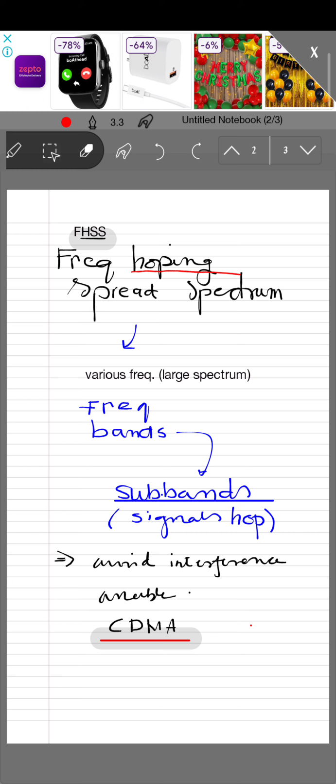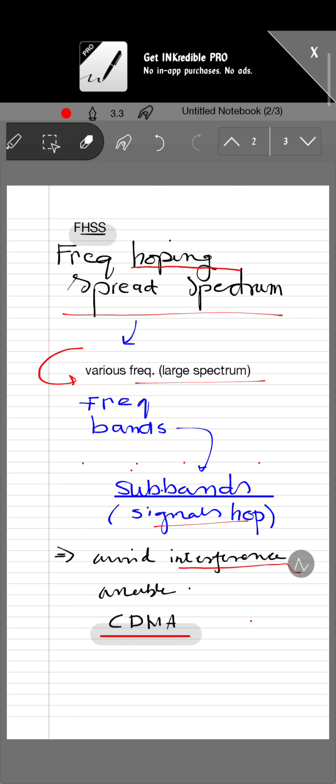That is because of this technology, frequency hopping spread spectrum, where the signal is divided into a lot of various subbands across a large spectrum, and the signal hops between these small spectra. Through this technique we can avoid the interference that would have come if the signal was transmitted directly from the transmitter to the receiver.